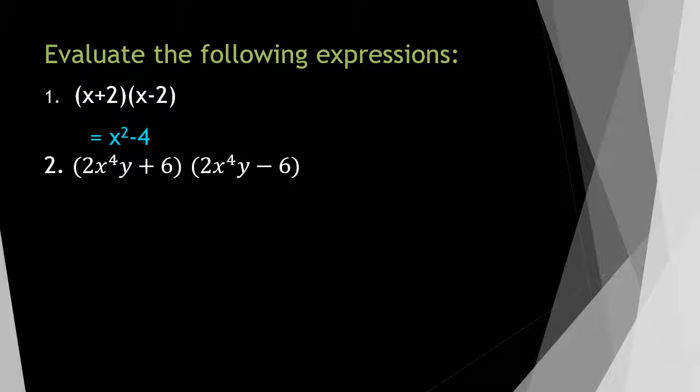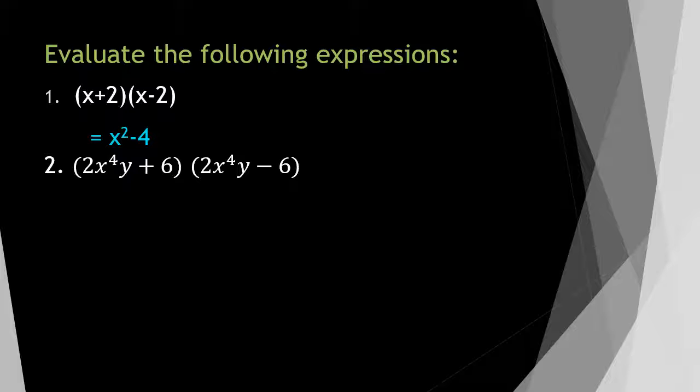Example number 2, we have quantity 2x raised to the power of 4y plus 6 multiplied to quantity 2x raised to the power of 4y minus 6. Again, just simply square the first term, where our first term is 2x raised to the power of 4y, and our last term is 6.